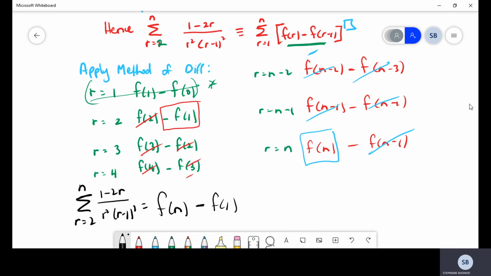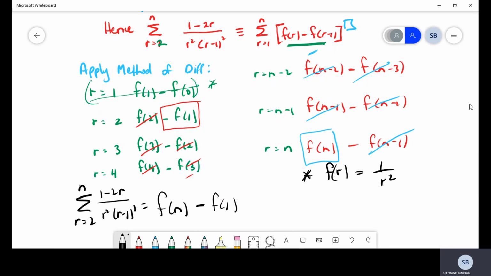Now, we could leave our answer like this, f of n minus f of 1, or you can go on to use, remember from the beginning of the question, they gave us that f of r was given by 1 on r squared.